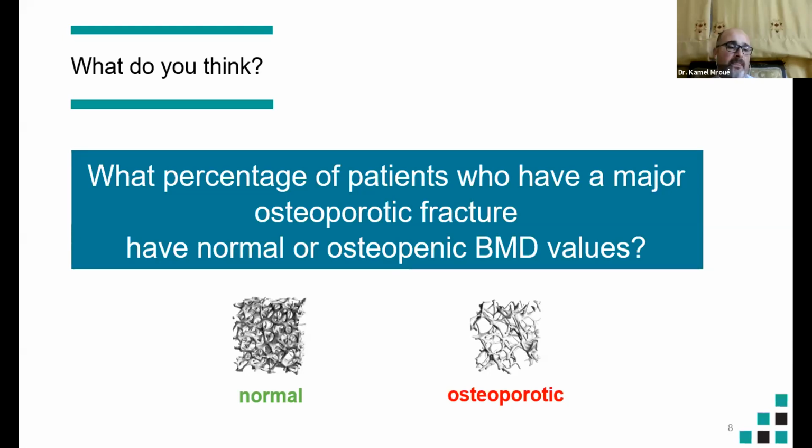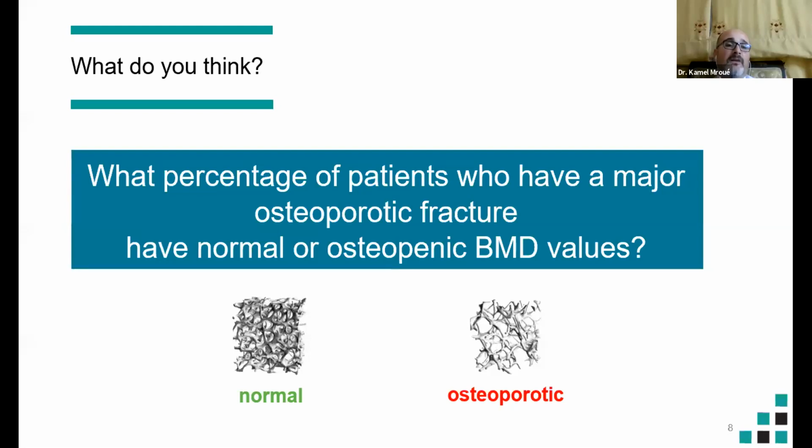I forgot to mention that the T-score that we get from our Dexa machines will tell us if a patient is osteoporotic if the T-score is less than minus 2.5 at any of the 3 sites that we talked about. If the T-score is between minus 2.5 and minus 1, the patient is osteopenic. If it's above minus 1, the patient has normal bone density.